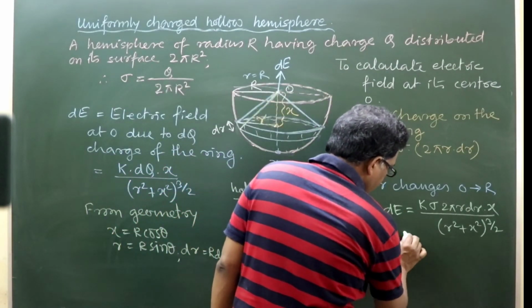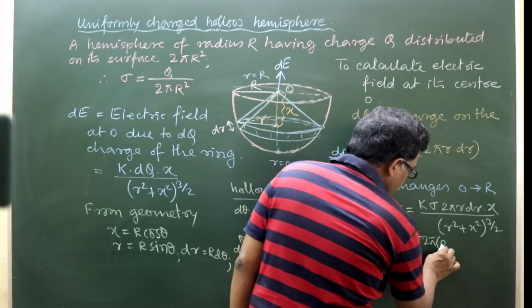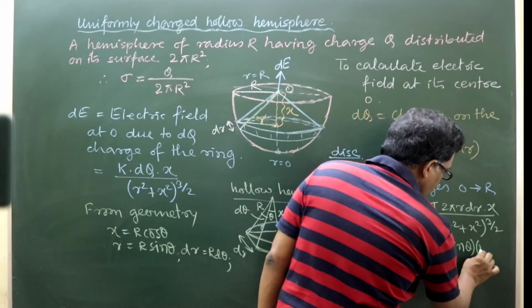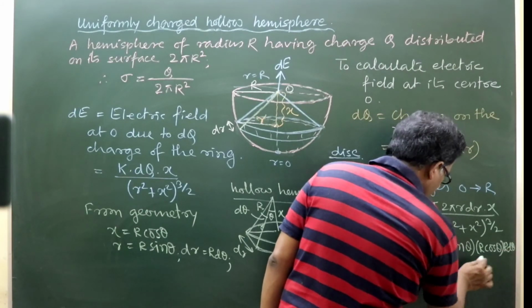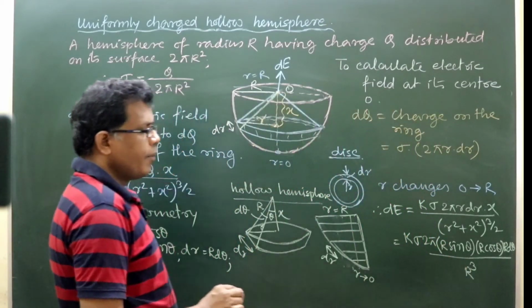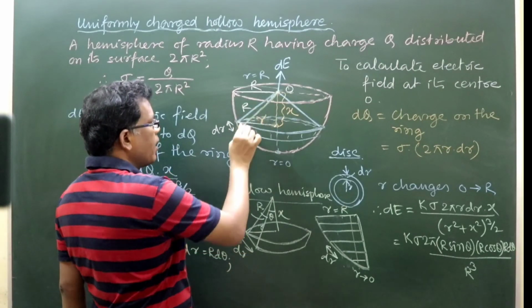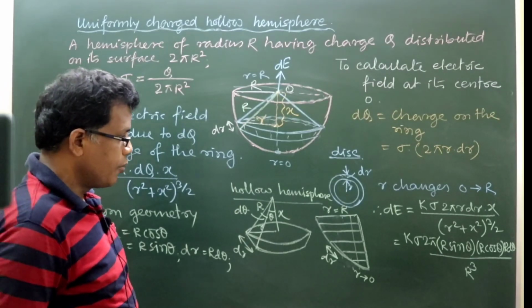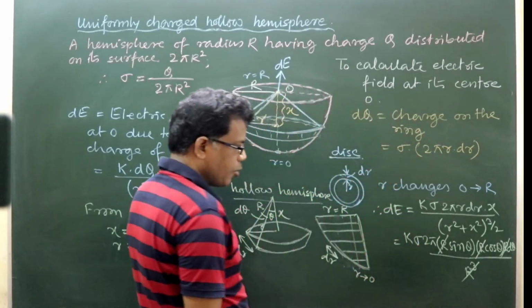So then dE will become k sigma 2 pi, small r will be capital R sin theta, another one will be capital R cos theta, and capital R d theta, whole divided by capital R cube, because small r square plus x square is equal to capital R square, so to the power 3 by 2 it will be capital R cube. So finally capital R cube gets cancelled out.